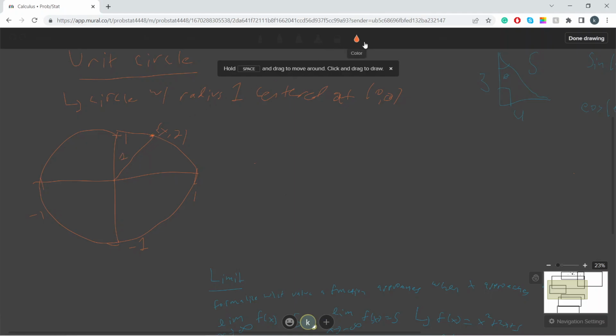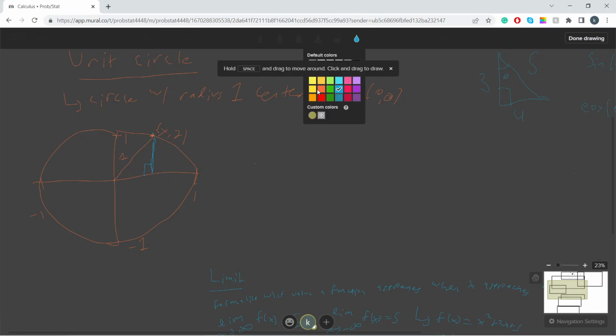Now let's do something cool here. Let's use this color. Let's say we have this radius right here, and we're going to draw this vertical line right here. So this vertical line will be perpendicular, or form a right angle, with this horizontal axis. So we actually do have a right angle right here. And based on where we draw the radius, there is a certain angle formed.